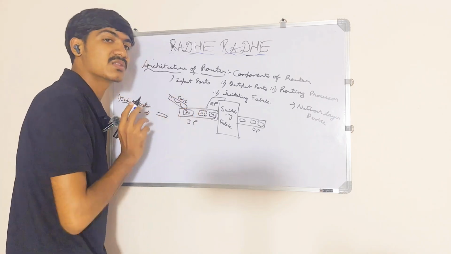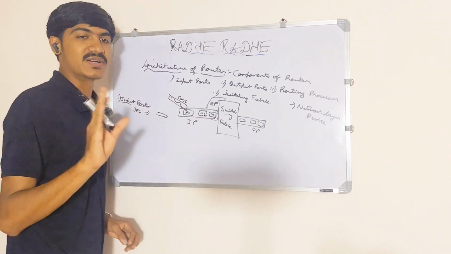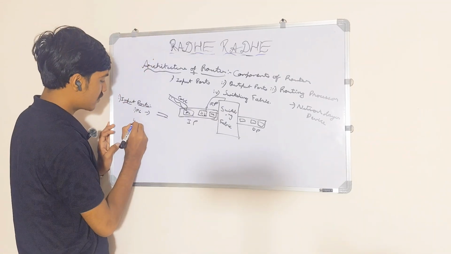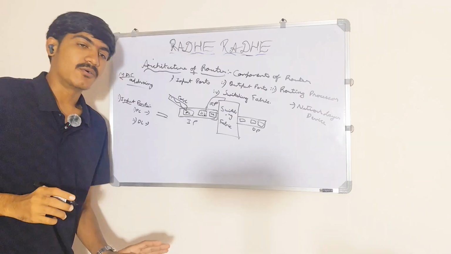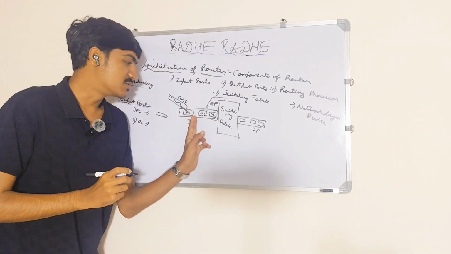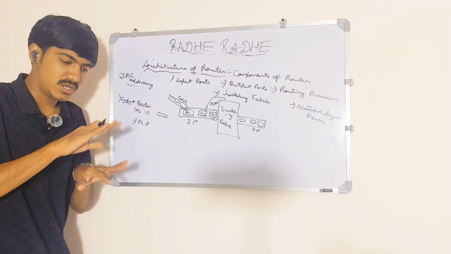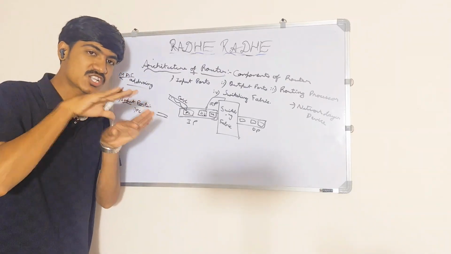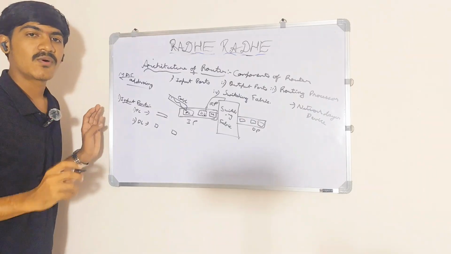Okay. Now the second component within the input port does data link layer functions. What does the data link layer usually do? Here is a place where the router strips off the frames. What is a frame?